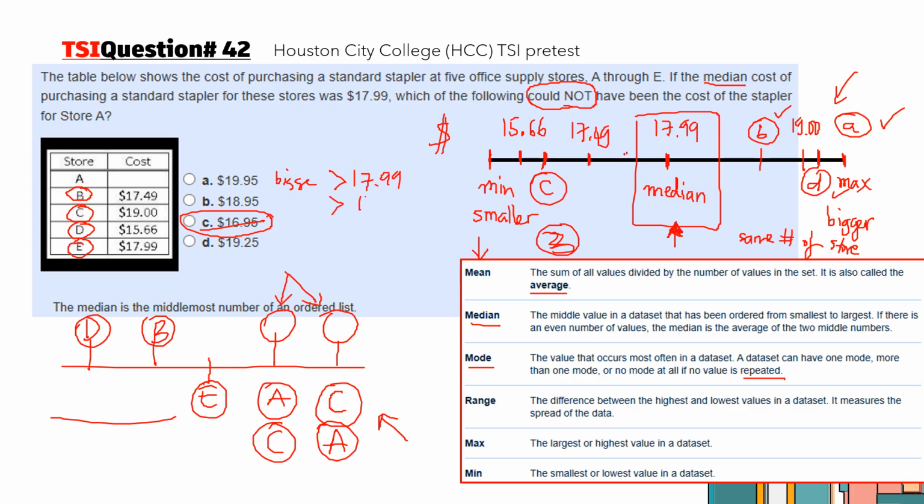The only one that is less than 17.99 is the one we do not choose, right? But in this case, they're asking for which one could not be the cost, so we do the opposite, right? So this is the only one that is different from the rest.